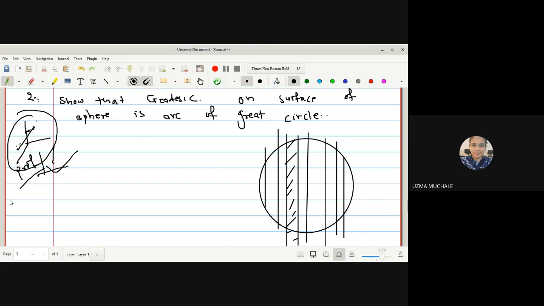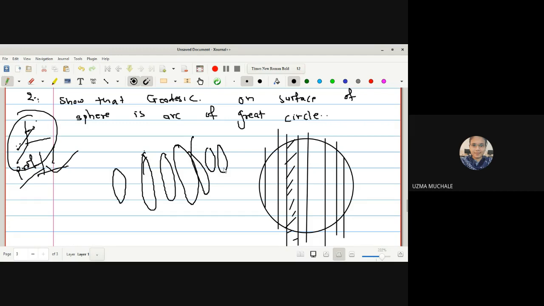So if you cut it, you are going to get it in the form of a circle itself. You will get a circle, right? That is how it will look after cutting.